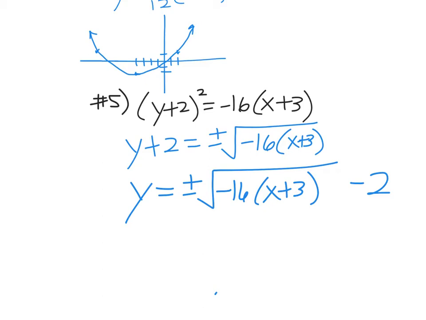Then we'll graph the negative. Now don't graph negative y1, because that'll make the -2 negative also. We don't want that. We just want the radical negative. So the square root of -16(x + 3) and then minus 2. There's the first one and there's the second one.